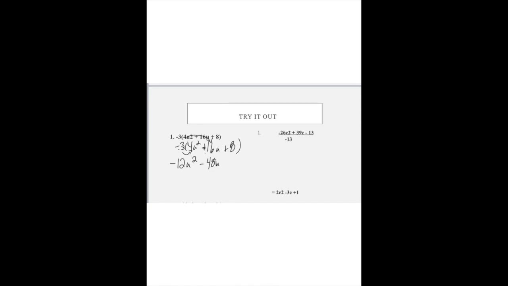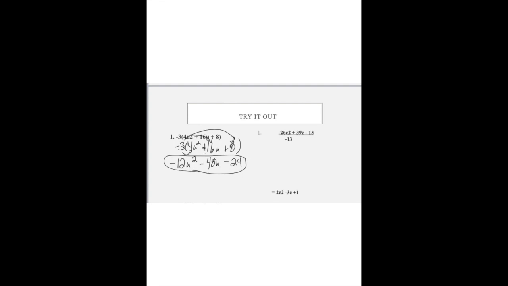Then -3 times +8 will be -24. So our final polynomial is -12u squared minus 48u minus 24.